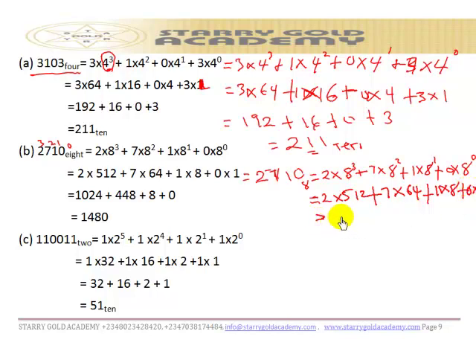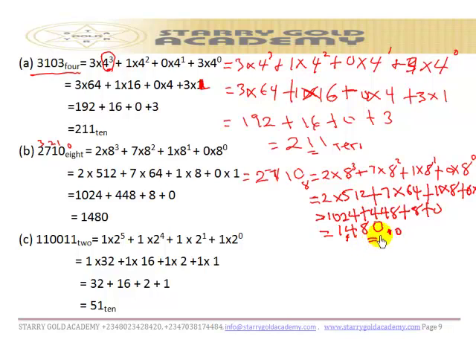So you have 2 times 512, that's 1024 plus 448 plus 8 plus 0. So at the end of the summation, you're going to have 1480 base 10.